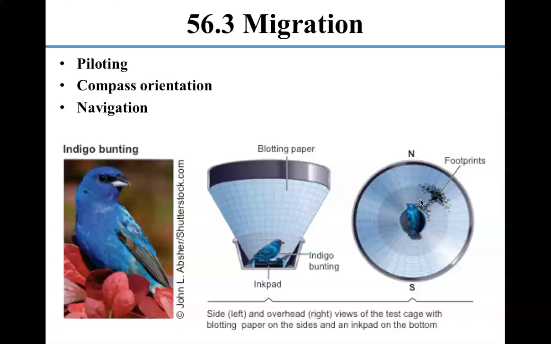The first one, piloting, is where animals use landmarks to guide their journey. For example, gray whales will migrate from Alaska to the southern coast of California and back, and they do that by swimming close to the coastline and looking for landmarks. When they see particular landmarks in Southern California, they know it's time to stop.